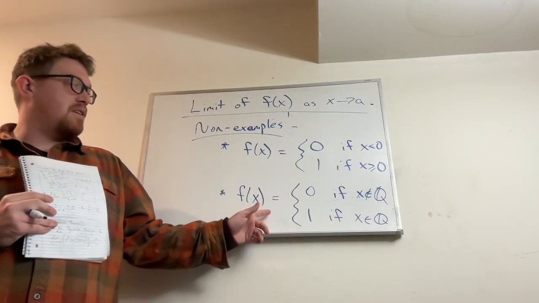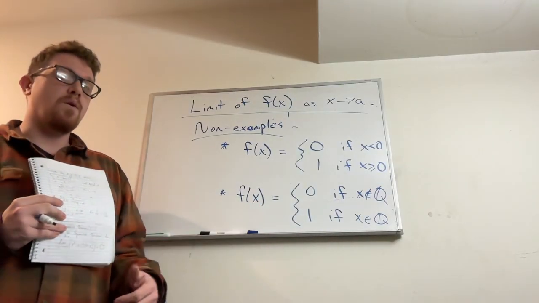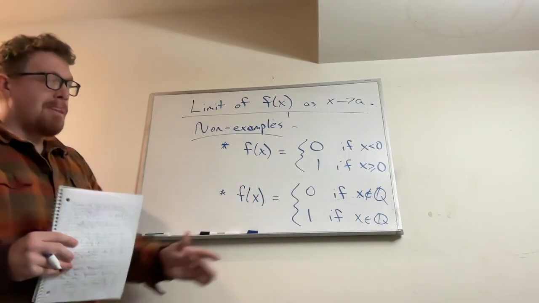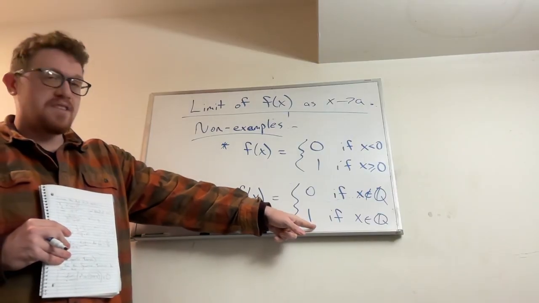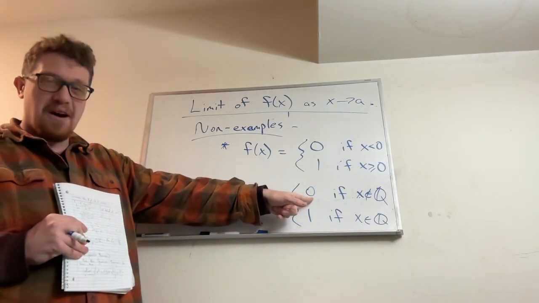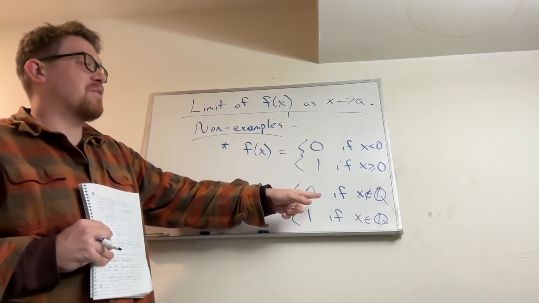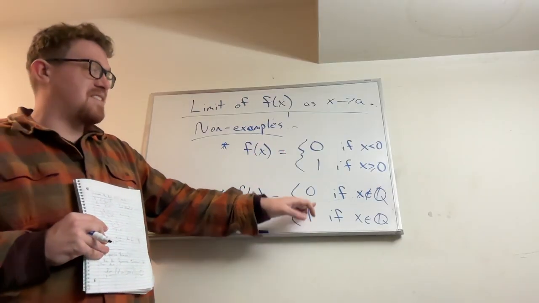In fact, the second function is not continuous at any point. It's kind of hard to draw this function because there would be countably infinitely many points that are dense where the value is 1, and then uncountably many infinite points that are also dense, interspersed amongst the ones that are equal to 0.